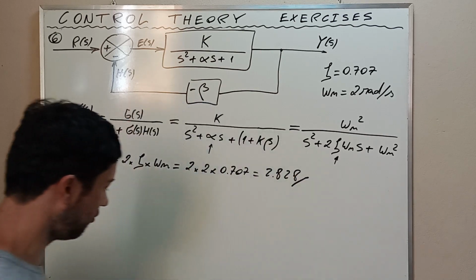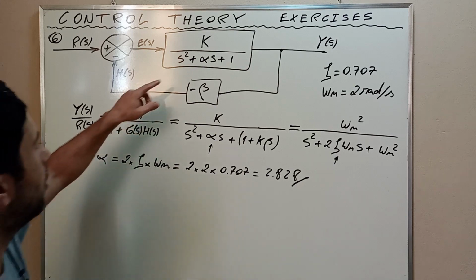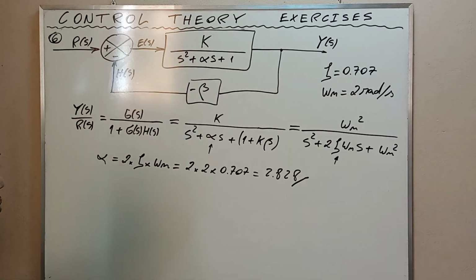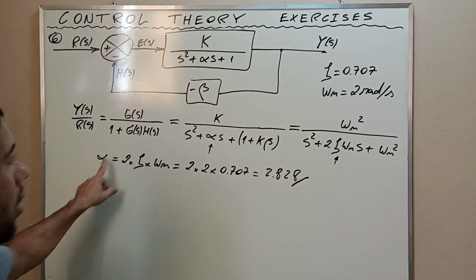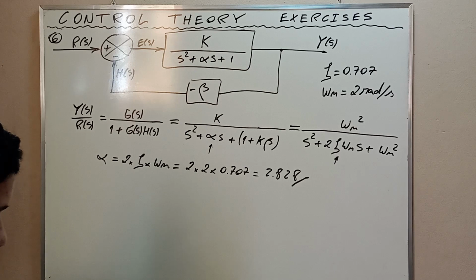This is the first result, the value of alpha. Let's calculate now the value of beta and the value of K. The exercise wanted us to calculate the value of alpha, beta, and K. We already found alpha. Let's work on the others.